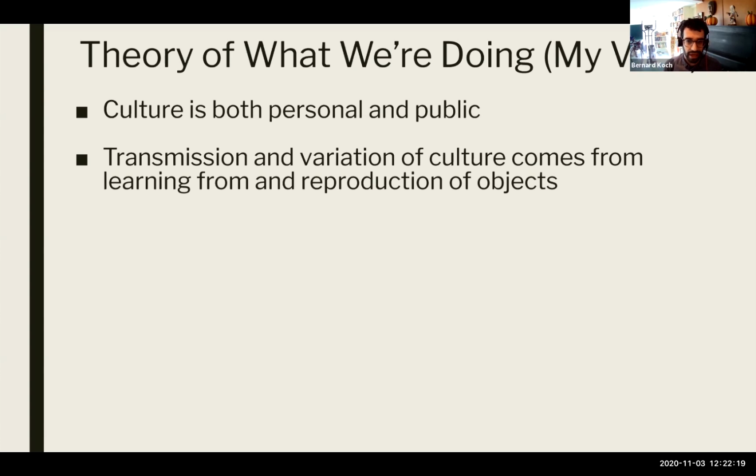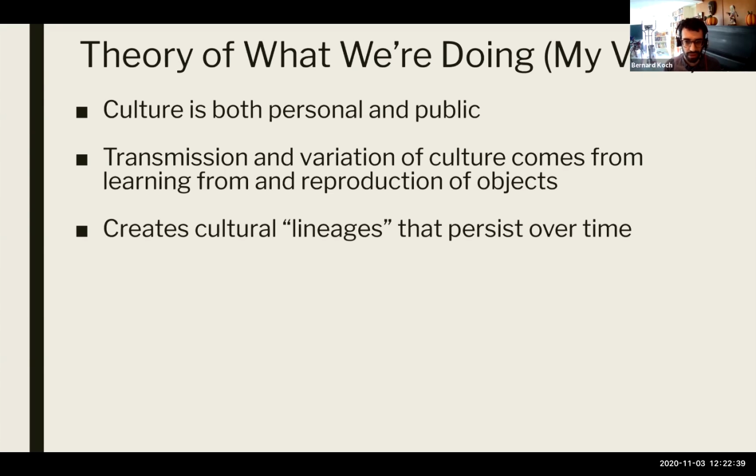The transmission and variation of culture comes from learning from and reproduction of objects. We learn and reproduce objects, which changes our own personal cultural representations or ideas, and we reproduce those for others. You all know about this, it's a cultural evolution thing.